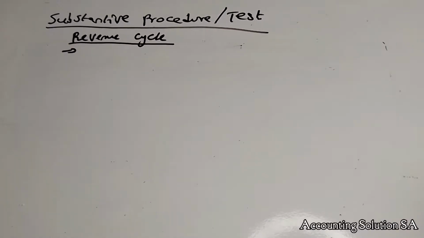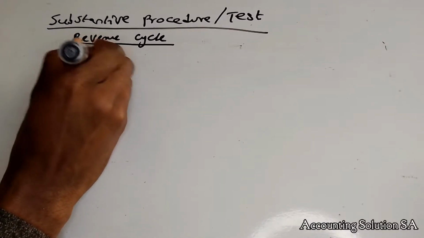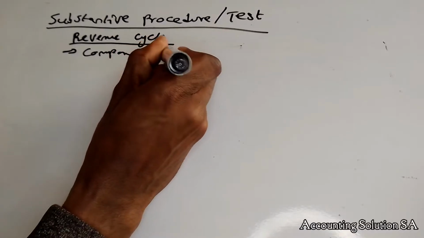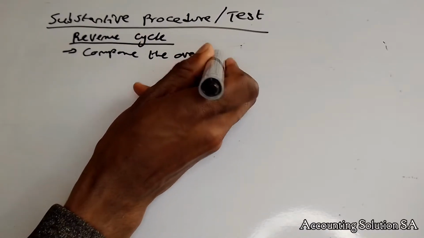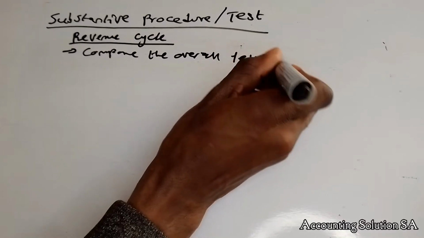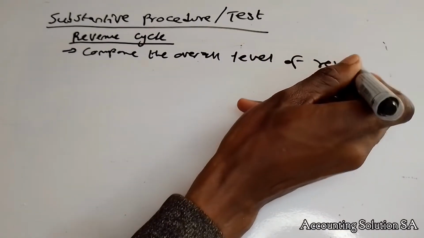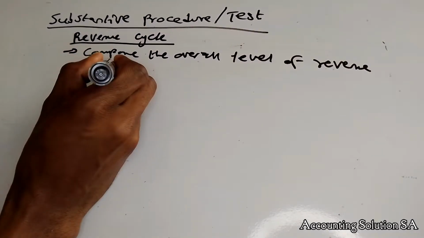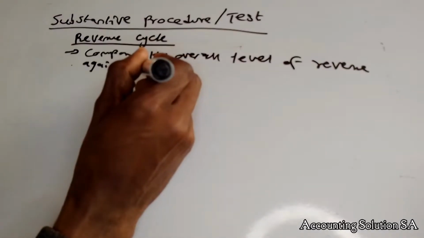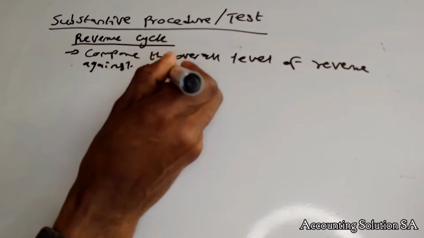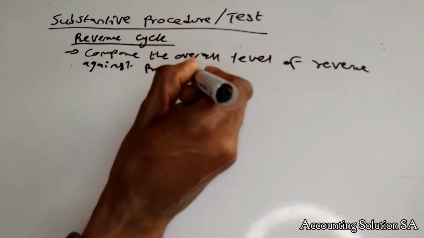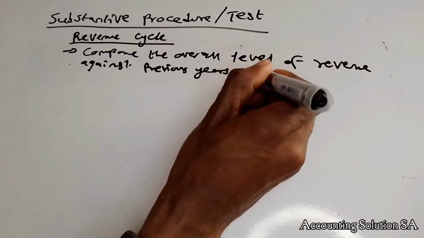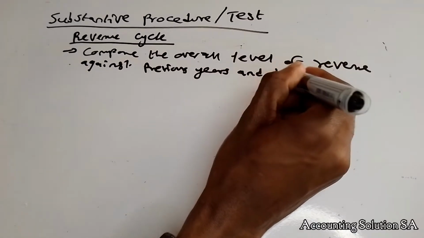Number 1, you need to compare the overall level of revenue against the previous year or prior year, and what? And budget.